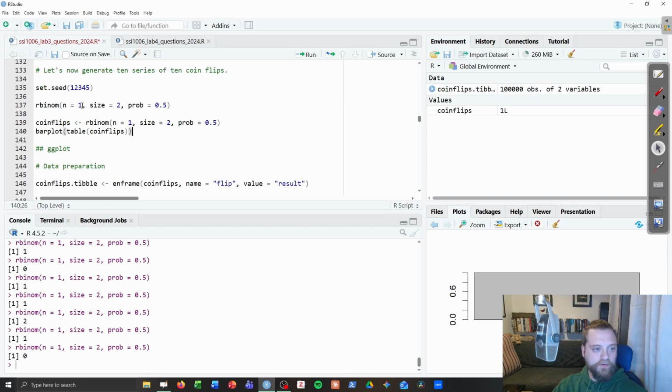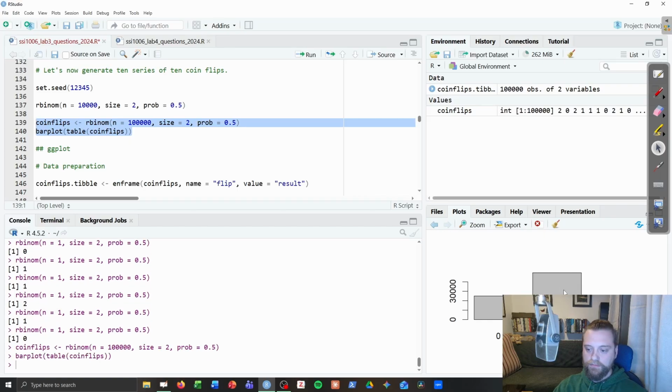Now what this means over a large number of iterations, so let's increase this to 1,000, but I'll increase that here. We're going to go up to 100,000. Size of 2 and a probability of 0.5. Let's see what that looks like. So there we go. So we've got this graph here.